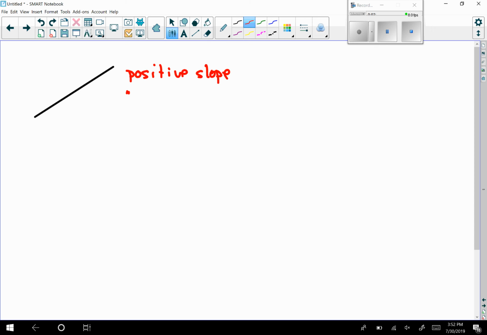So this line is going uphill left to right, or it's increasing as we move from left to right. So any line that's in this northeast direction as we move from left to right is considered to have a positive slope.